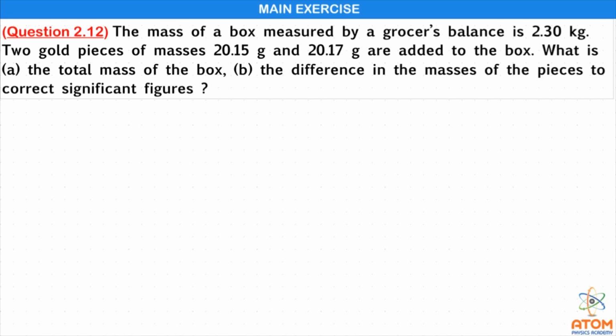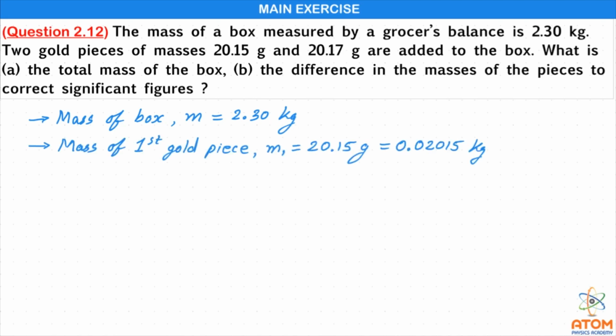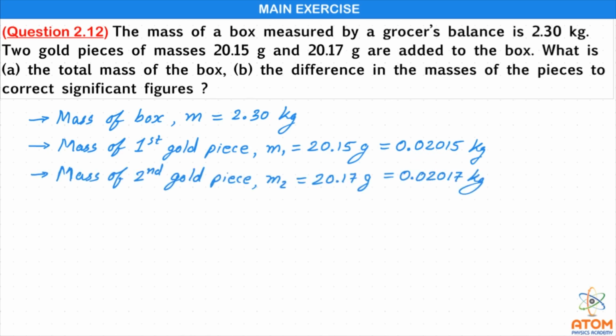First of all, mass of box, let us say small m, then it is 2.30 kilogram. Mass of first gold piece, let us say m1, then m1 is 20.15 gram. So we can write it is 0.02015 kilogram. And mass of second gold piece, let us say m2, then m2 is 20.17 gram, that means it is 0.02017 kilogram.